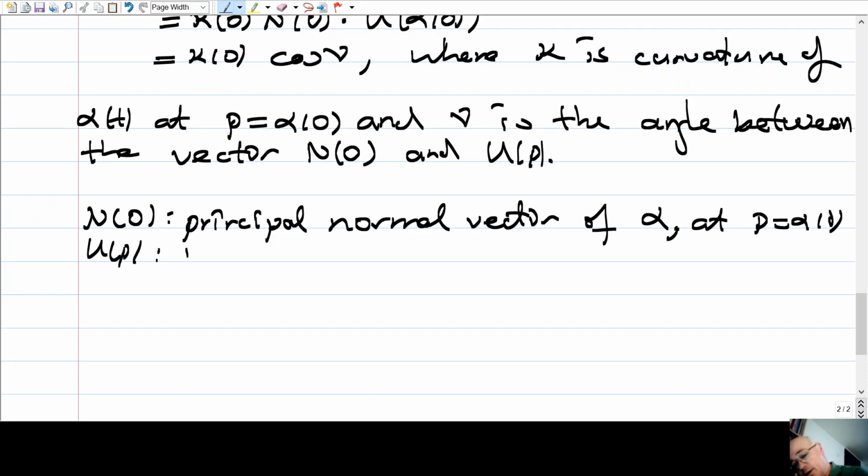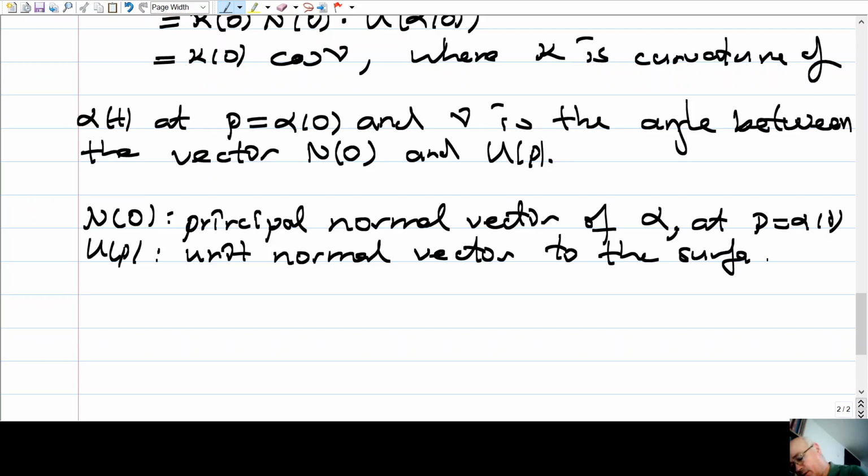And this is the unit normal vector, this is also unit. Both of them are unit vectors, the unit normal vector to the surface M at P.